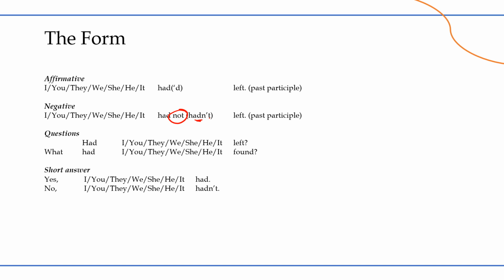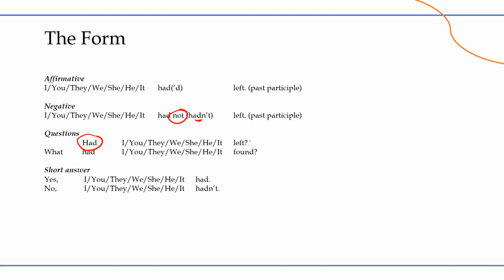hadn't. And then for the questions, there are two kinds of questions. The first is yes-no questions, and the second is WH questions. For a yes-no question, put had in front of the sentence, and then the subject, I, you, they, we, she, he, it, and then the past participle.